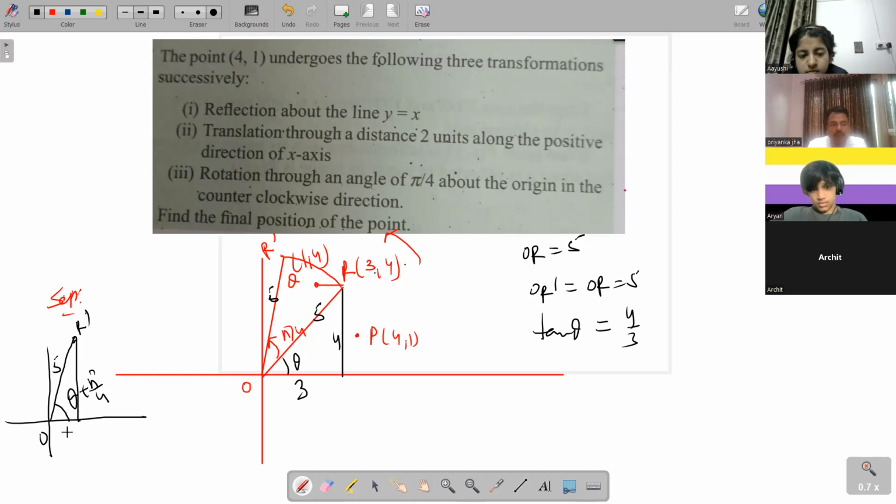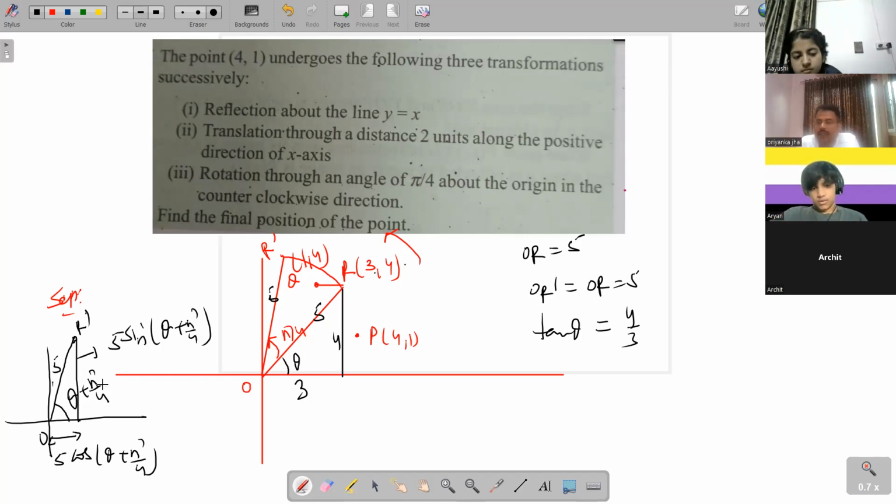This distance will be 5 cos(theta plus pi by 4), and this distance will be 5 sin(theta plus pi by 4). Isn't it? Cos is base upon hypotenuse, sin is perpendicular upon hypotenuse. So this will be the x coordinate of this point, and this will be the y coordinate.